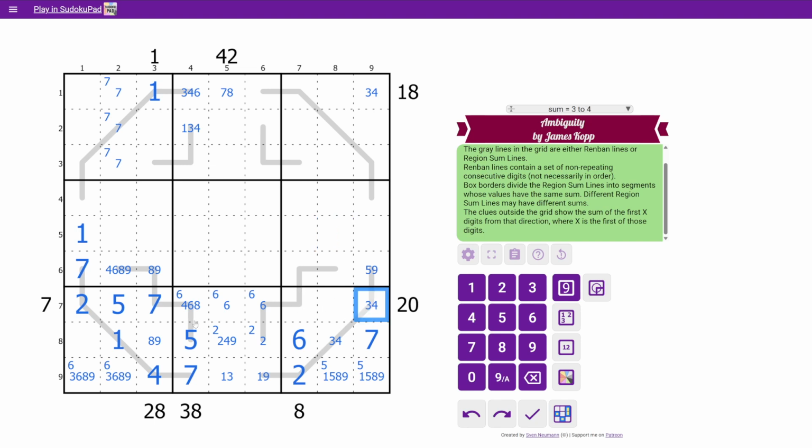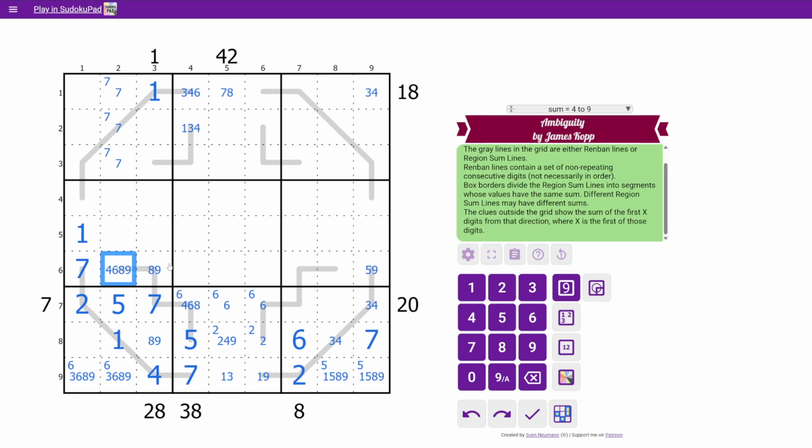But if this is 4, this is 8. And then we have the 6 here, or a 4, and this would still be 8 or 9 depending on if this was a 4 or a 6.